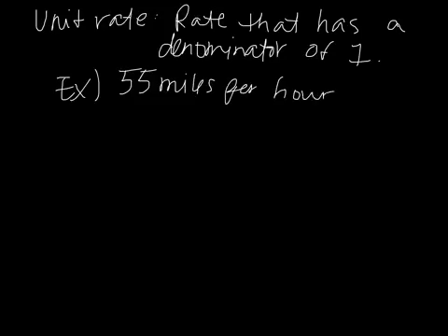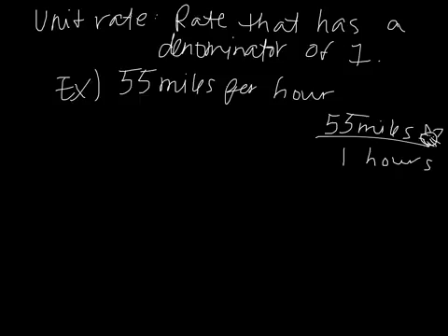How would I write that? 55 miles per, remember, we're getting back to our friendly line with the kitty on it. If I see per, and we're talking fractions, we put our fraction bar with our little kitty on it, because kitties say per. 55 miles per 1 hour, right? Because it doesn't say 55 miles per hours. Nope, per hour. I better erase that S.